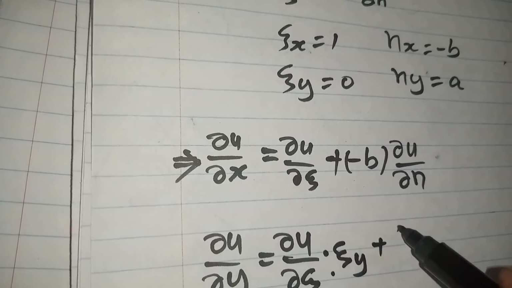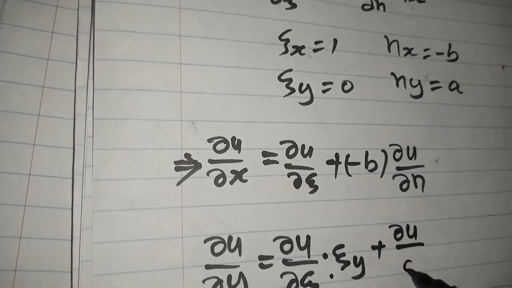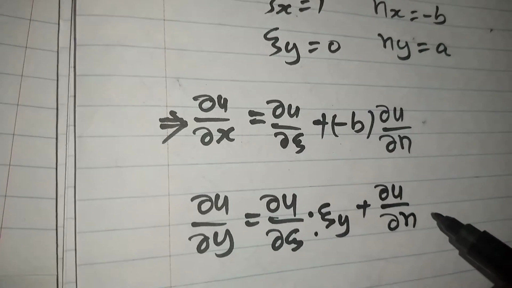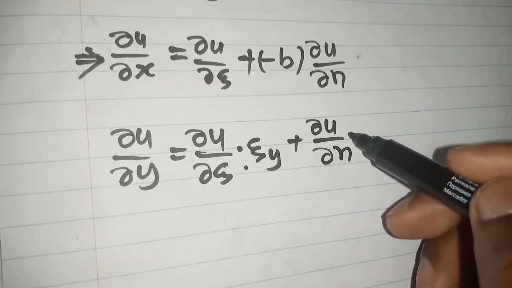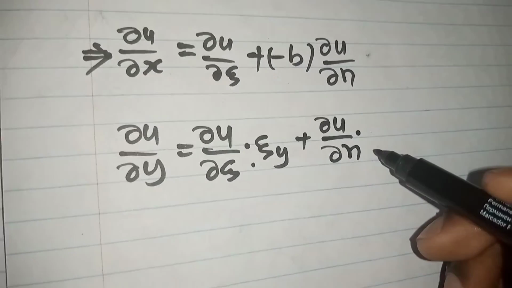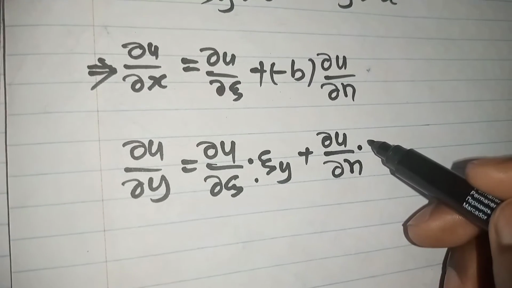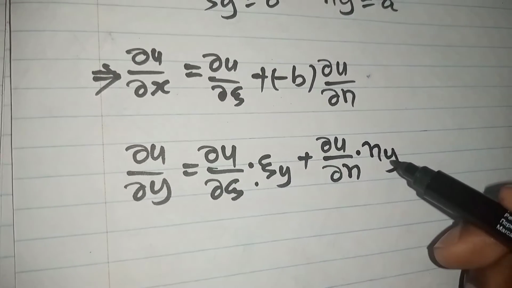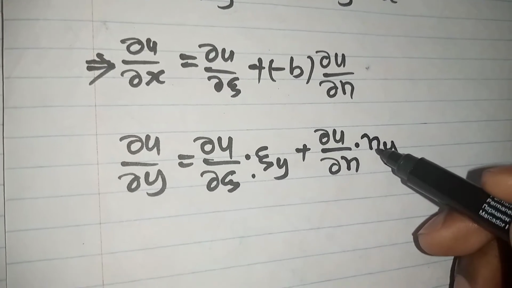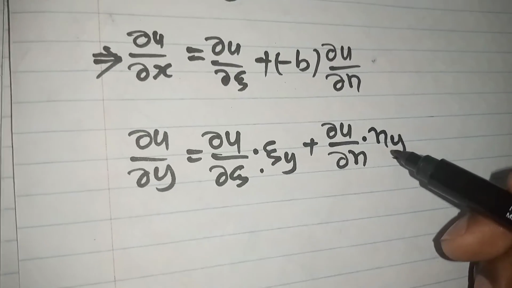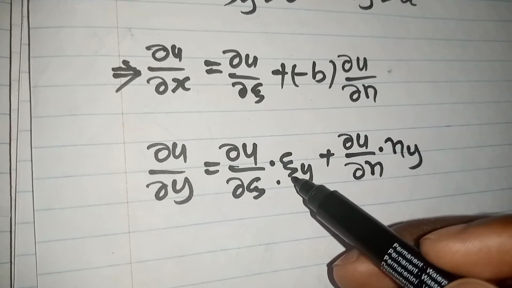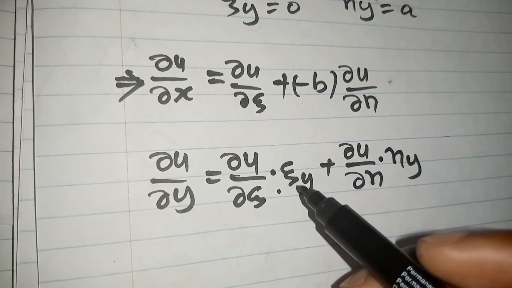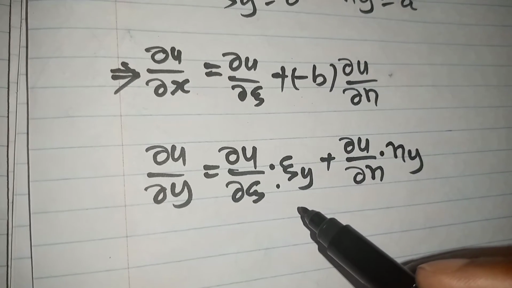Then plus the partial of u with respect to nu. Instead of writing the partial of nu with respect to y, I will just write nu y. This simply means the partial of nu with respect to y, and also here this simply means the partial of xi with respect to y.